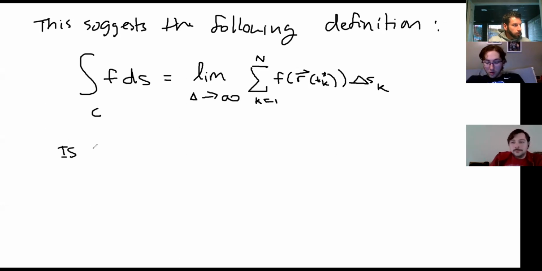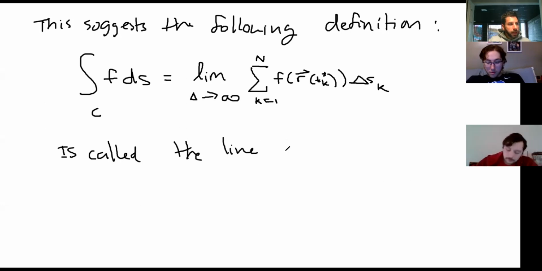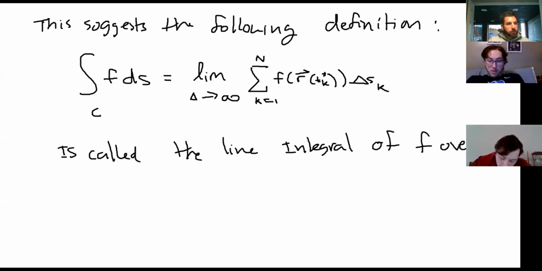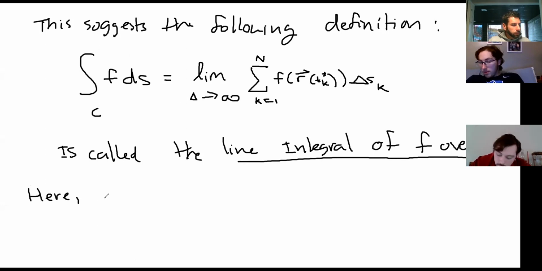This is called the line integral of f over C. Here, delta equals the maximum of delta s1, delta s2, and so on.